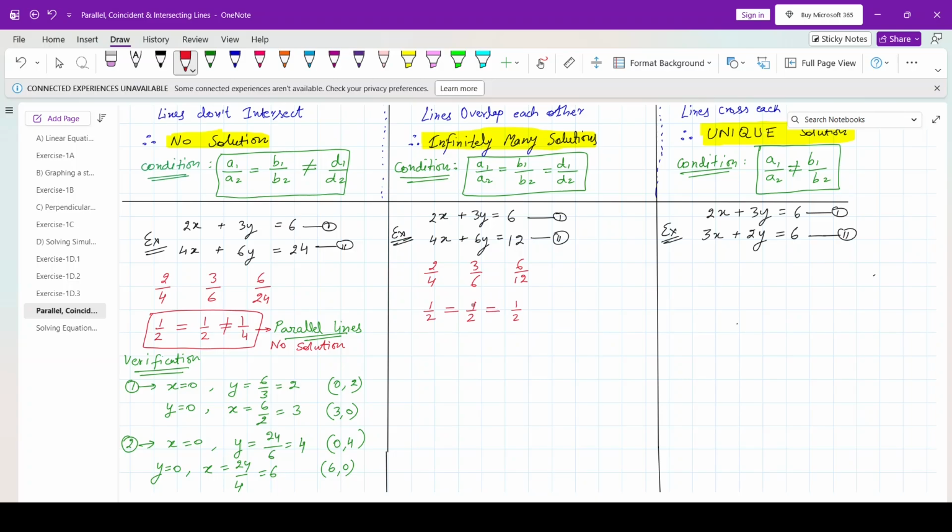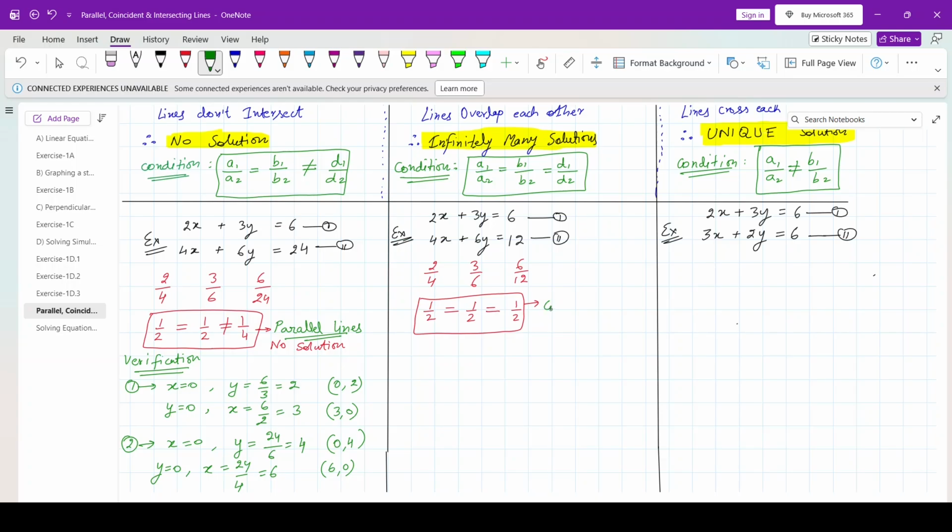All three are equal, and in case the condition is where all the three coefficients' ratios are equal, this condition tells us that the lines overlap each other.